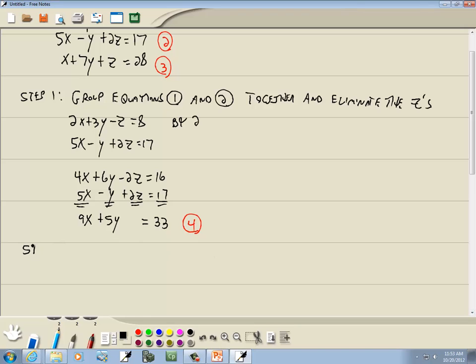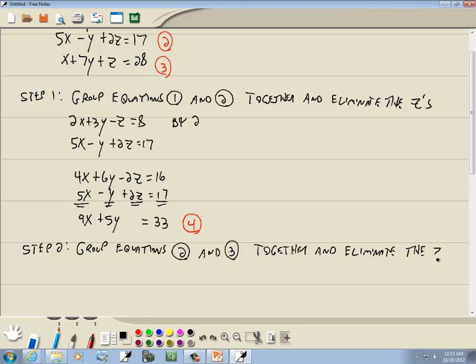Okay, step 2. Group equations 2 and 3 together and eliminate the z's.